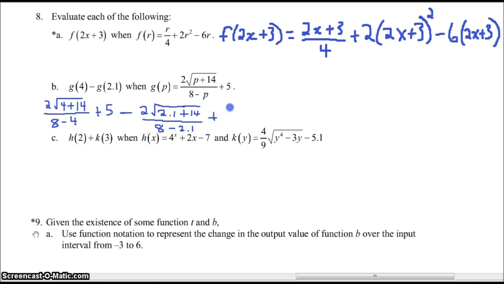Now it's really important here that I put parentheses around this whole expression, because if I don't, I'm just subtracting this first part of our expression, but I'm really subtracting g of 2.1, which is this whole piece. It's crucial that you put the parentheses there. If you don't, you'll get the answer wrong. Now just use your calculator and figure out what the value of this expression is. You should get something like 0.7612 approximately.